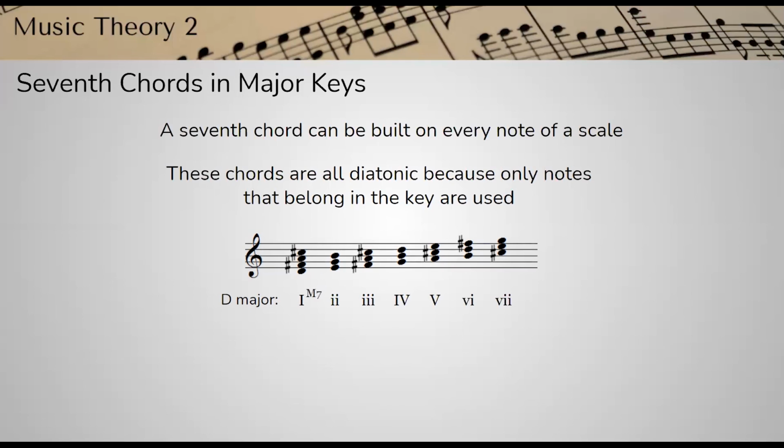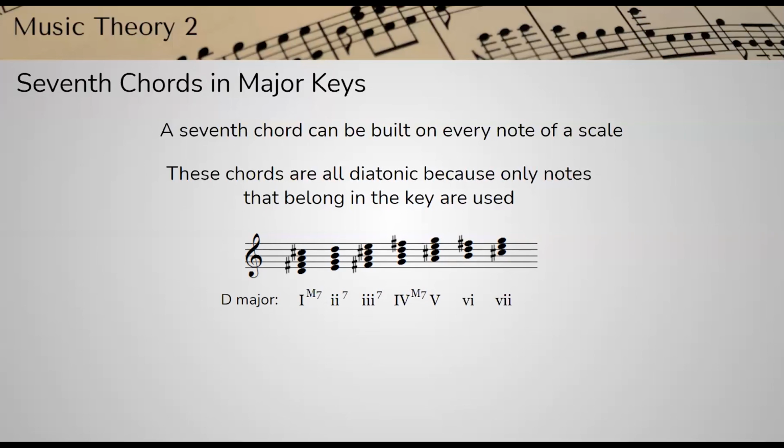Okay, so we use the uppercase M and 7 to indicate that. On this ii, if you added a C to that chord, you'd end up with a minor 7th chord. Minor 7th chords are just indicated by a ii and a 7. Again, you have another minor 7 chord there. And then on this IV chord, it's a major chord, so it's capital, and you simply add an M and a 7 to indicate that it's a major 7.